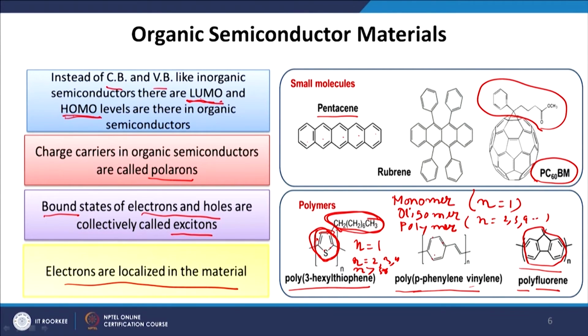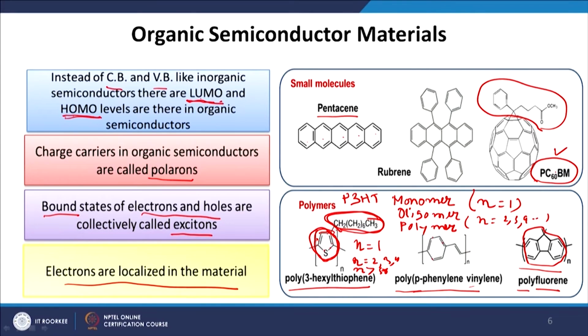Now this compound poly 3-hexylthiophene is also abbreviated as P3HT. This compound is very commonly used in fabricating solar cells along with PCBM, and this P3HT is used as a donor polymer, whereas this PC60BM is used as an acceptor molecule.